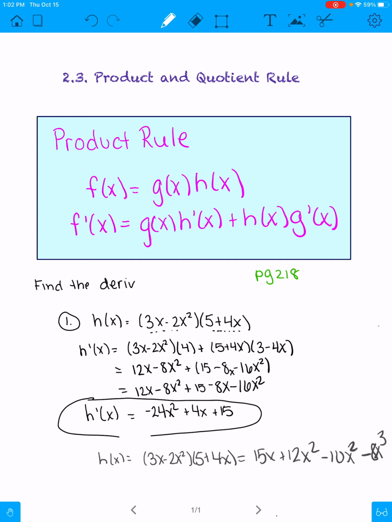And then we can combine that: 15x plus 2x squared minus 8x cubed. Now when I take the derivative using the power rule, we get 15 plus 4x minus 24x squared, which matches. So there are two different ways you could have done that problem.